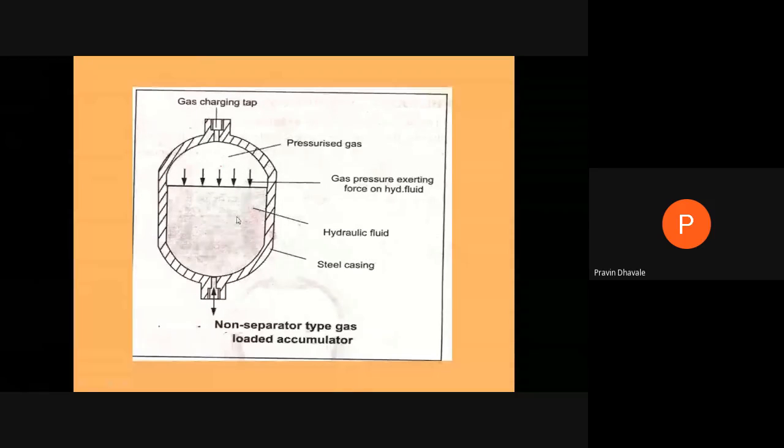As in this type of accumulator, we are not having any kind of physical separator in between gas and oil, in certain cases sometimes the gas will be absorbed by this oil.